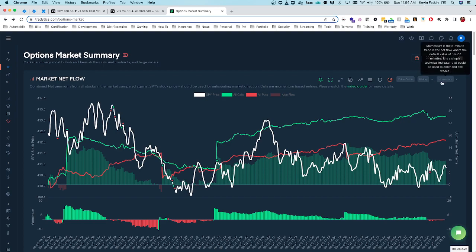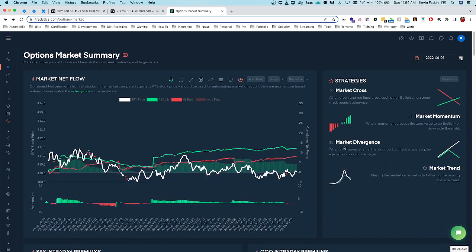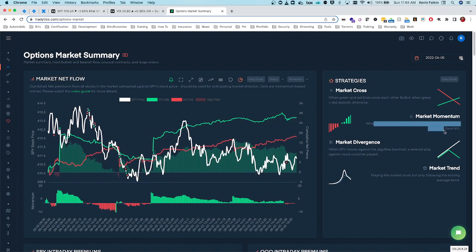And then the last thing I want to talk about is the momentum strategy, which you can see here when we talk about market momentum, and then also market trend. But momentum, one thing I want to be clear about is when you're trading momentum, sometimes it will work, right? Like, if calls are winning the day and you get a bearish momentum alert, sometimes it can work, but I wouldn't recommend trading that.